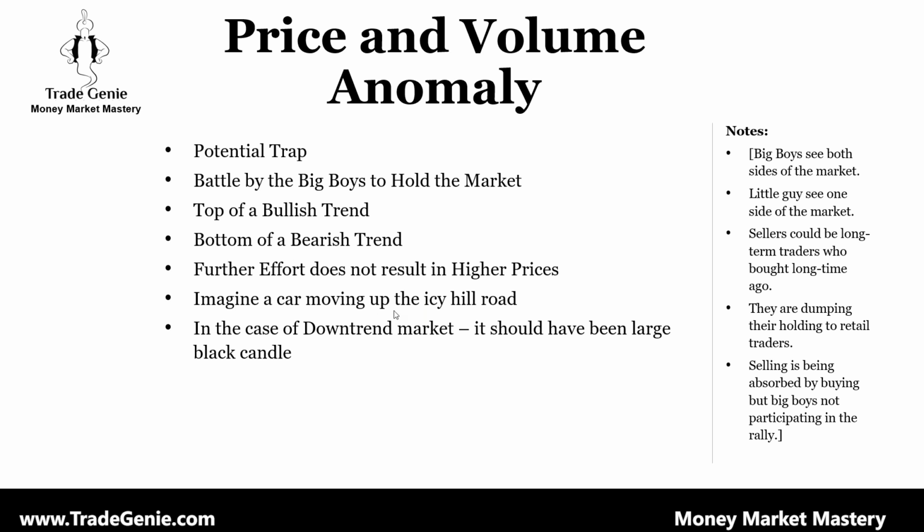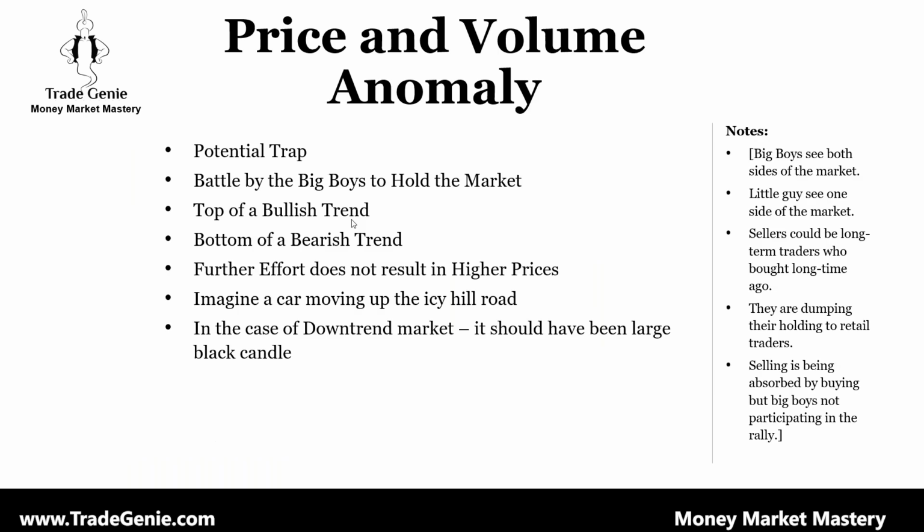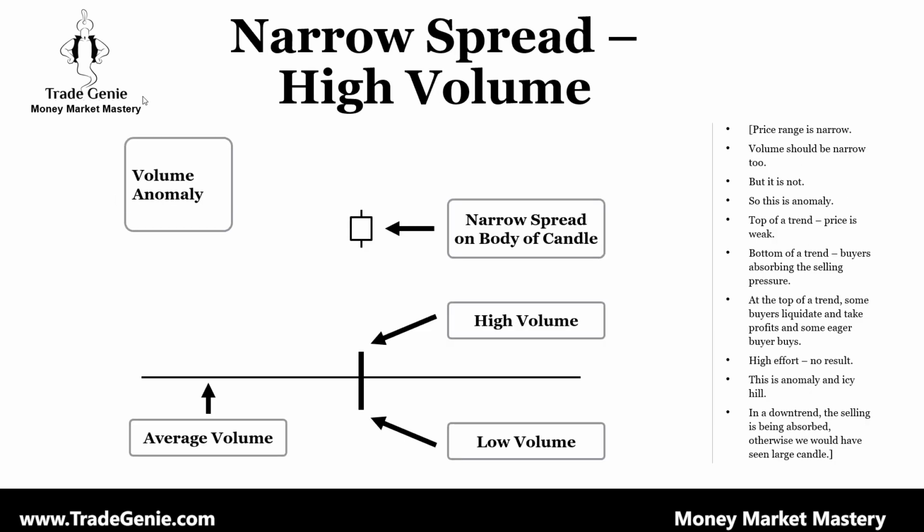Imagine a car moving up an icy hill road. It doesn't matter how much pressure you apply, because the road is icy, the car is not moving up the mountain. In the case of a downtrending market with huge volume, this should have been a large black candle.